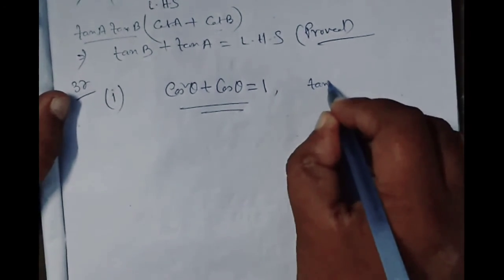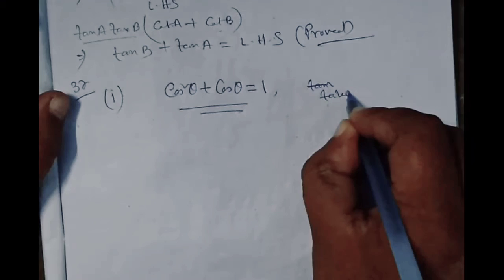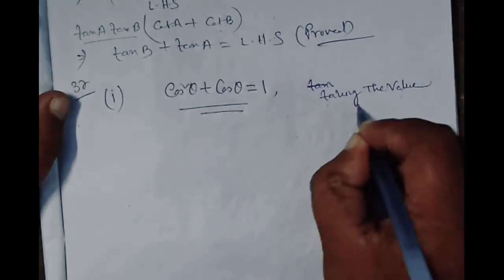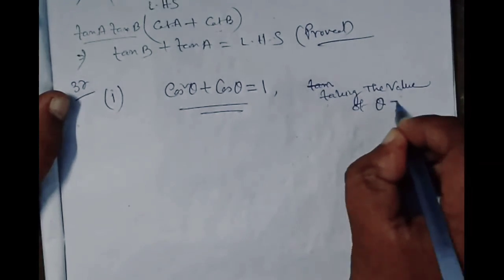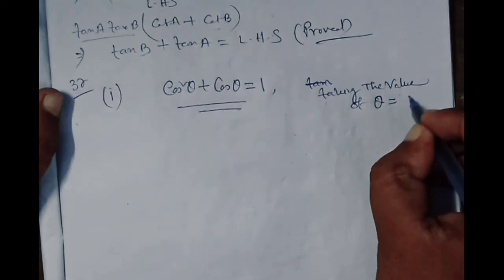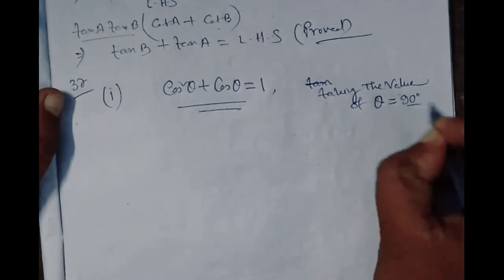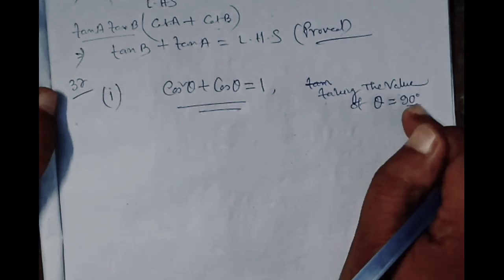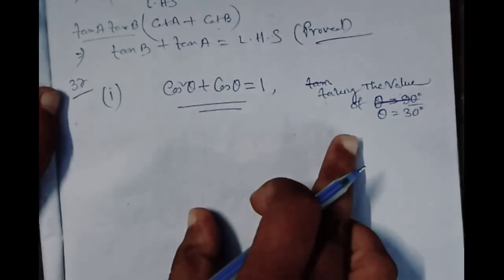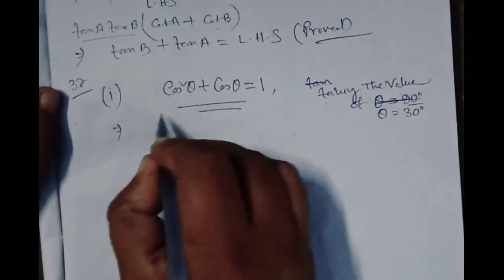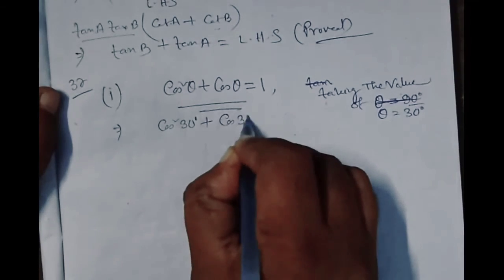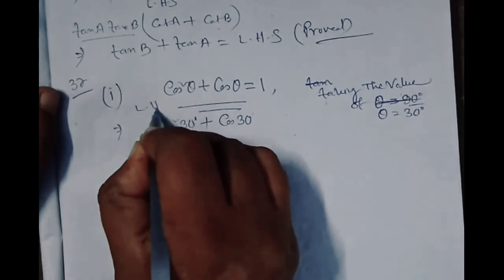Taking theta equal to 30 degrees. So here cos square 30 degrees plus cos 30 degrees, this is the LHS.